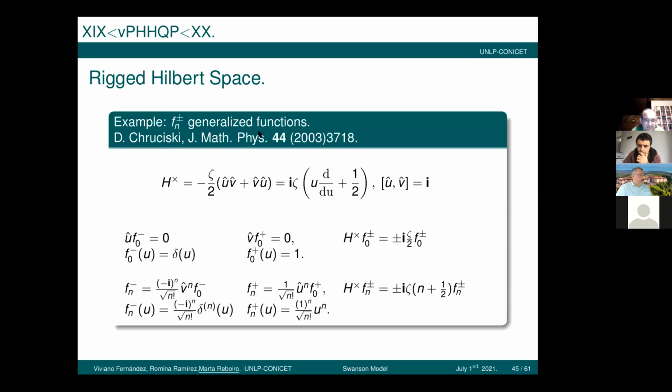This is from a paper of Kruczynski, 1903. He worked with this Hamiltonian in terms of these two operators and constructed the family of distributions associated to this problem.